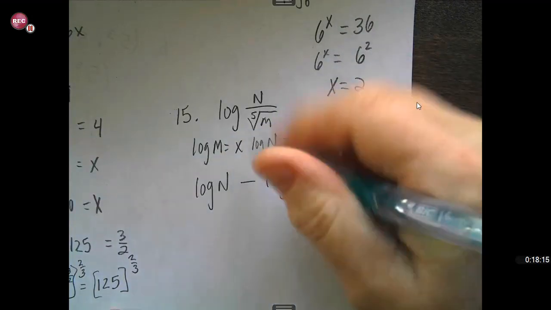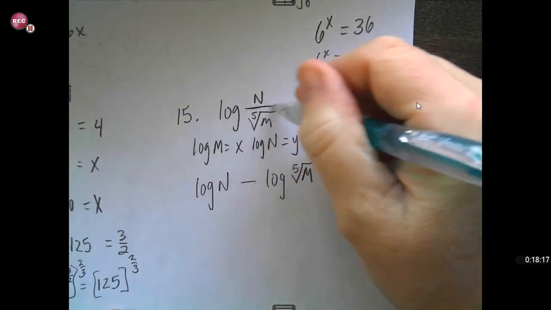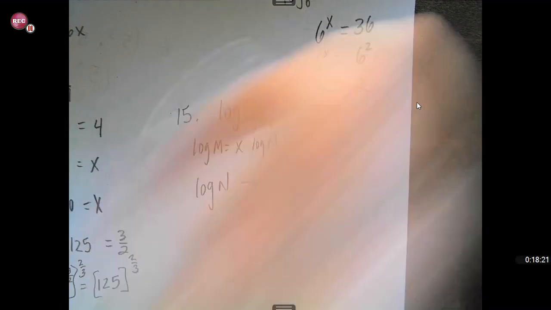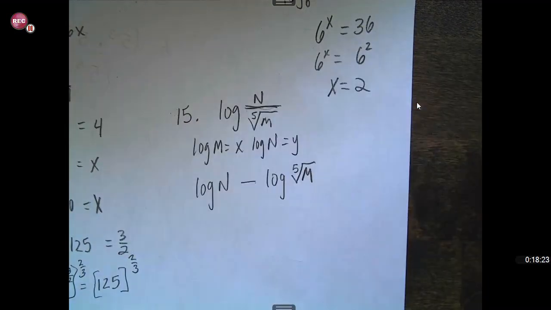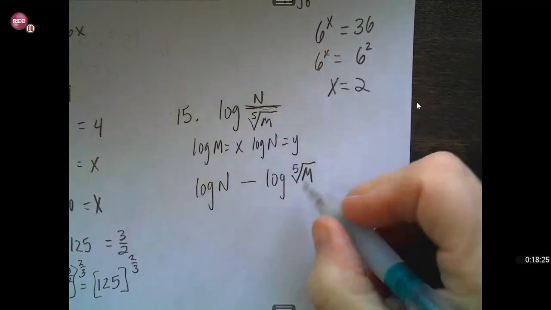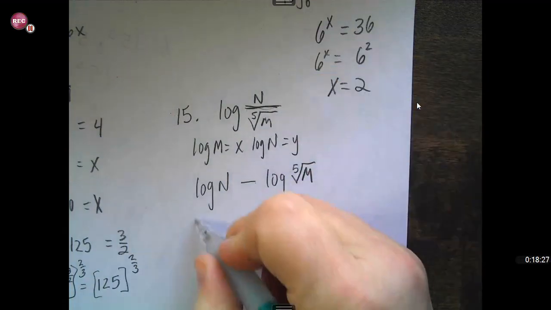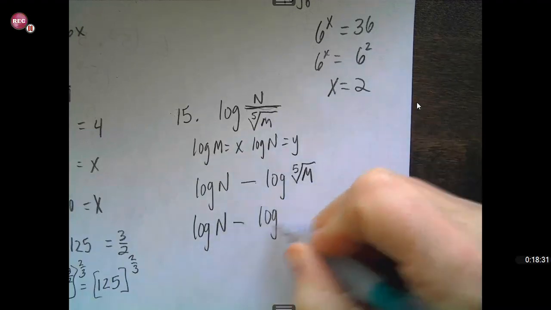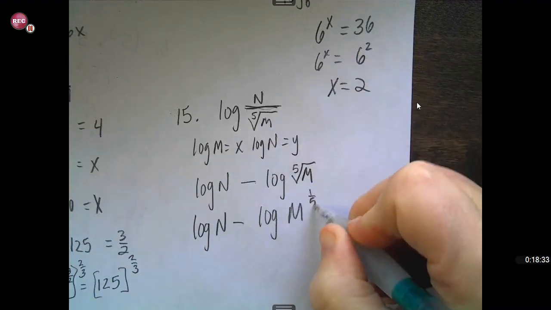And I make it minus because division, that's what the law says. The division goes to minus, or minus goes to division. Either way. And then I need to fix this one up on the right. I'm going to leave this as log n, and I'm going to make this log of m to the 1/5.